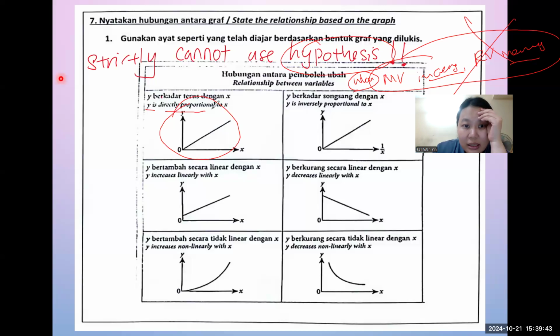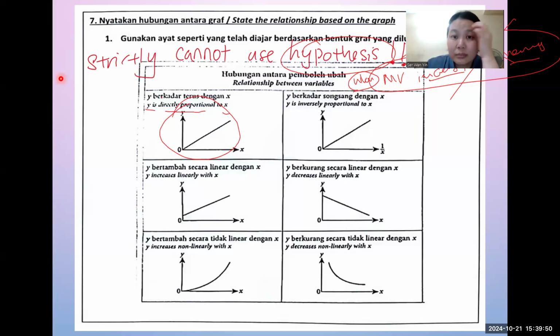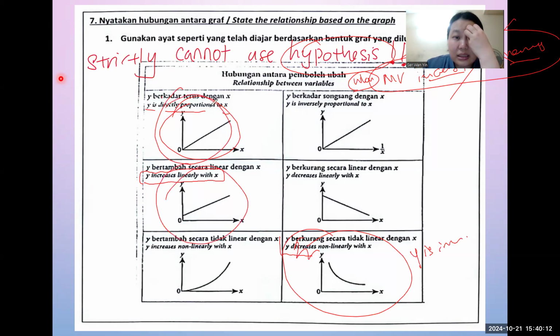Then this is y is directly proportional to x. So y increases linearly with x. And this is inversely proportional: y is inversely proportional to x. But so far, what I see is this and this.